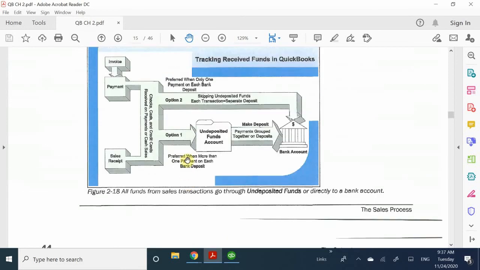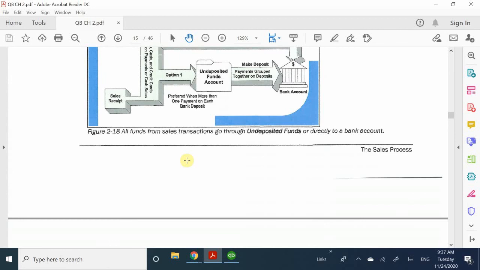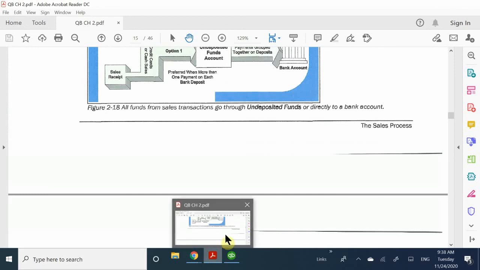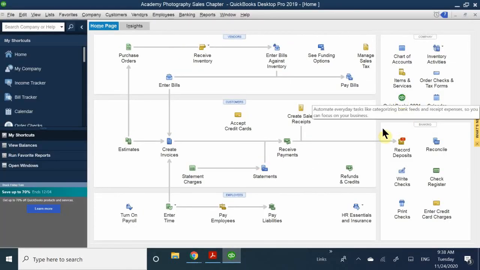Again, it's not necessary, because either way, at the end of the day, you still have to transfer all the money that are in your deposit, all your undeposited funds, and actually put it into the bank. So, because of my pending transaction, I received my check.